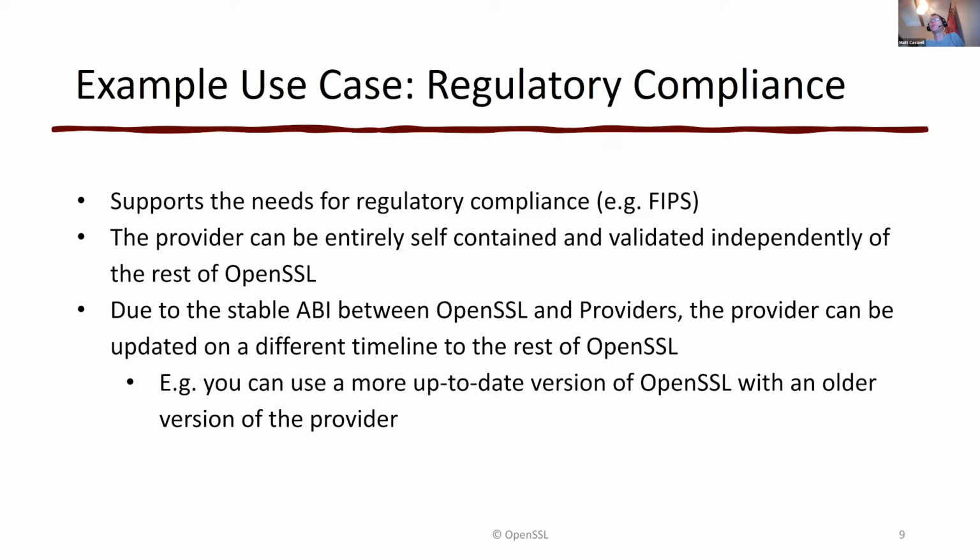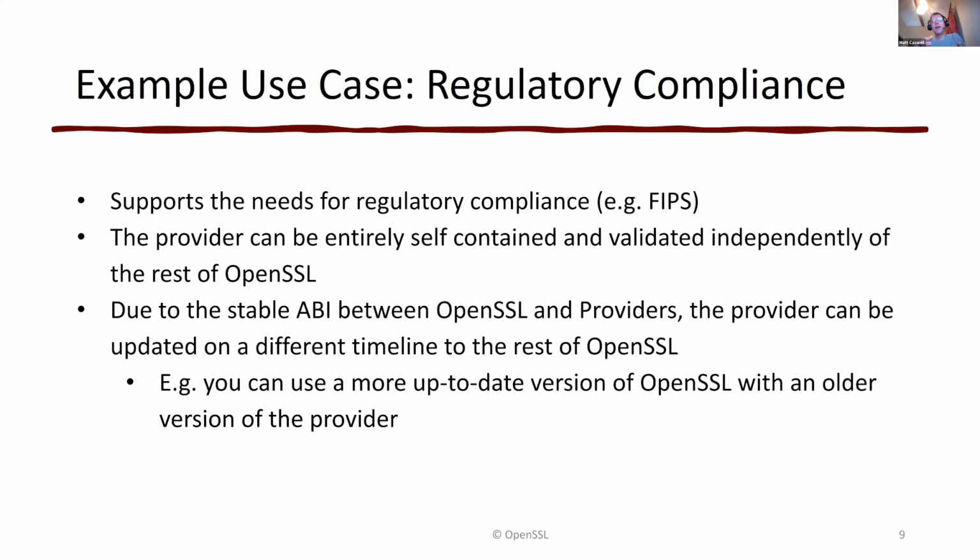Now, just to run through some examples of different ways you could use these. An obvious example is regulatory compliance, and this is why we have our FIPS provider, which you'll hear us talking about a lot. It's there for the needs of regulatory compliance.